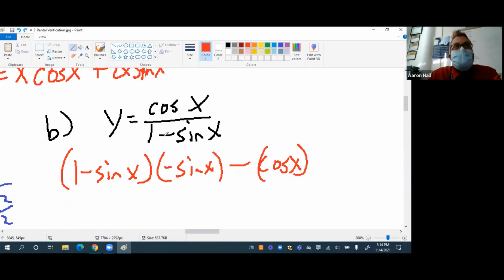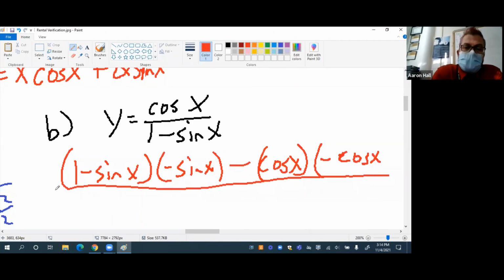What's the derivative of a constant? 0. So we're just taking the derivative of this piece. What's the derivative of negative sine of x? Yeah, it's negative cosine of x over low squared.